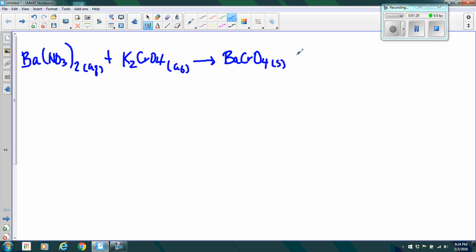So we have a solid there, and we are going to get 2 moles of potassium nitrate, which is going to be our aqueous substance.